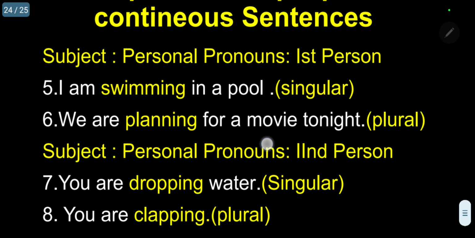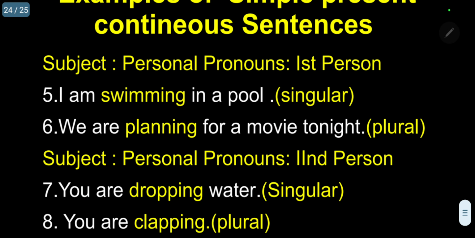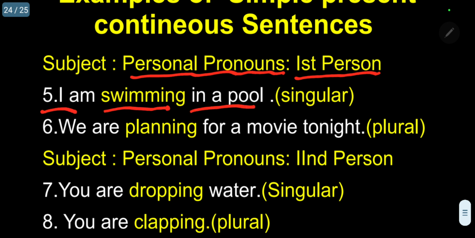The next example. Now I will come to personal pronouns. The subject is a personal pronoun. Suppose it is the first person, as usual, I. I am swimming in a pool. Swim is the verb, ending with M, and the vowel is I. Kindly follow.